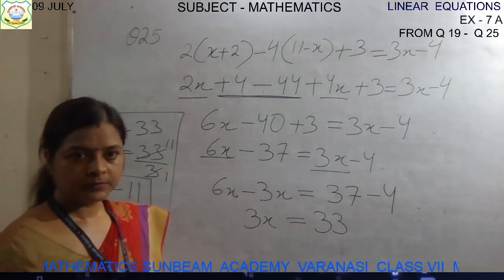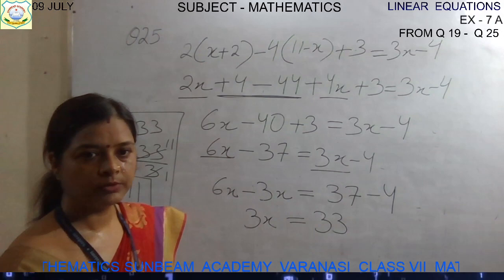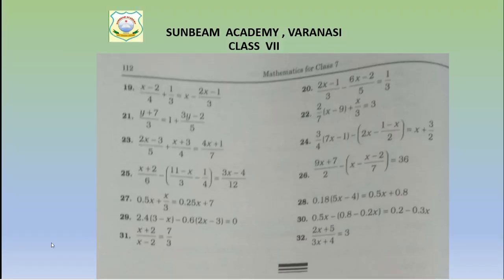Clear, children? So, let's see the questions which we have done today. Our questions were question number 19, 21, 23 and 25. I think each and every question was clear to you.